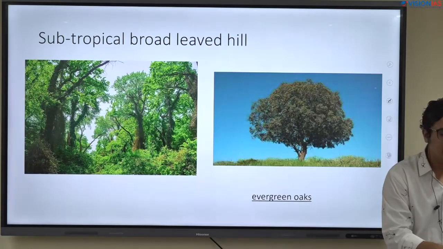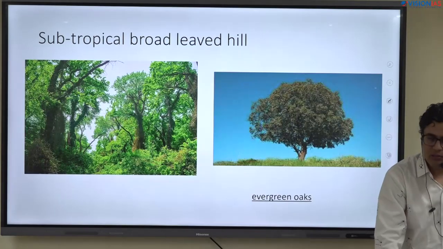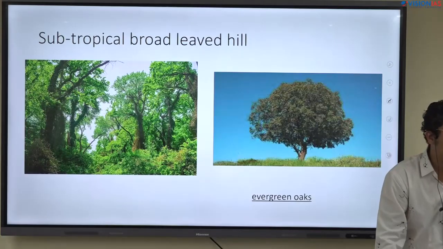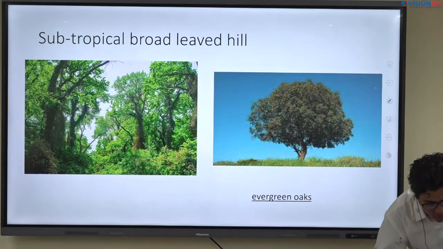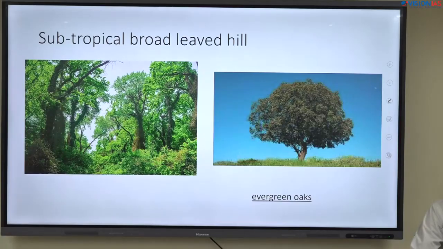Why? Because you are moving to hills. Humidity is 80%. See, if rainfall is less, 75 to 125 centimeter, why is humidity 80% here? Humidity should also be low. Why is humidity 80% if the rainfall is low?